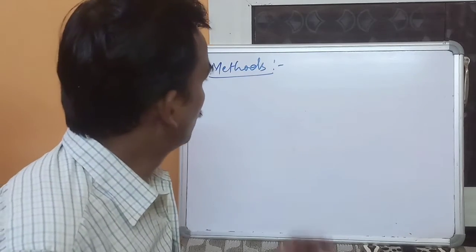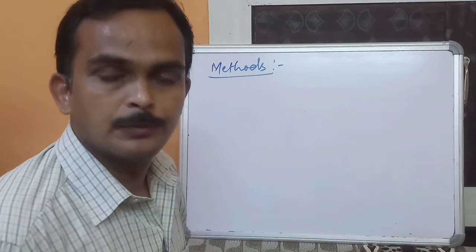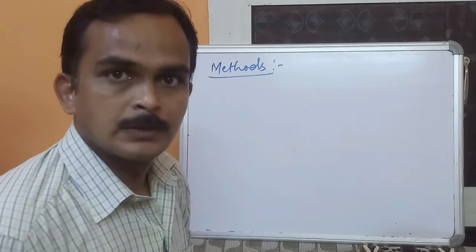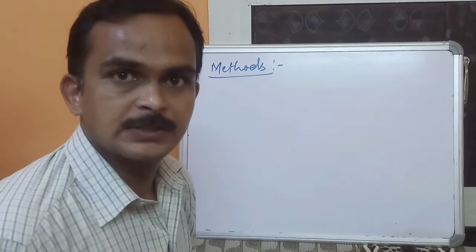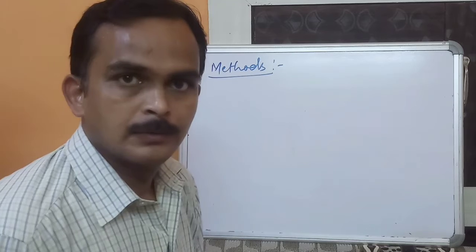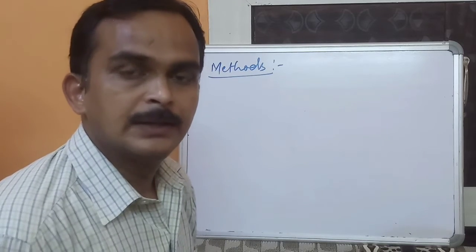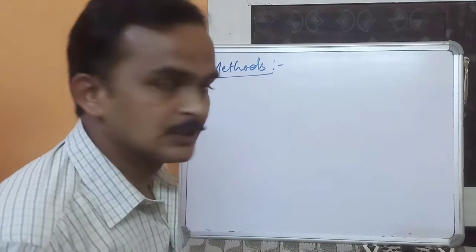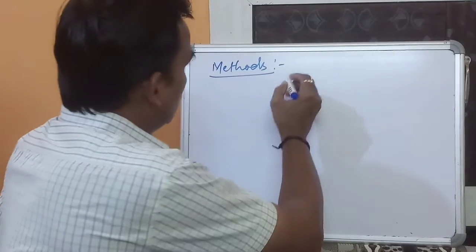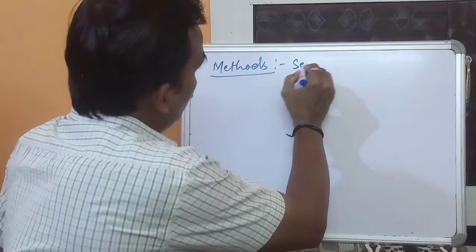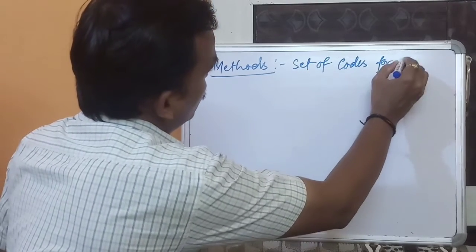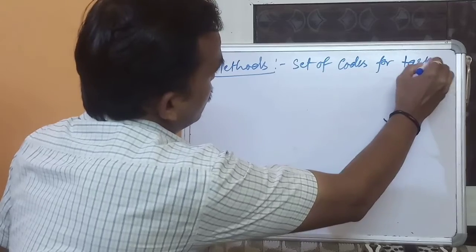In programming, whenever we require the same kind of task to be done, one method is created that will be used again and again. So a method is a set of code for task performance.